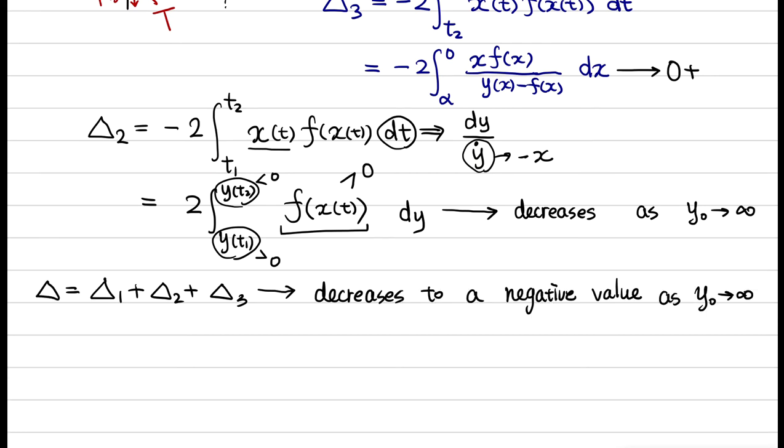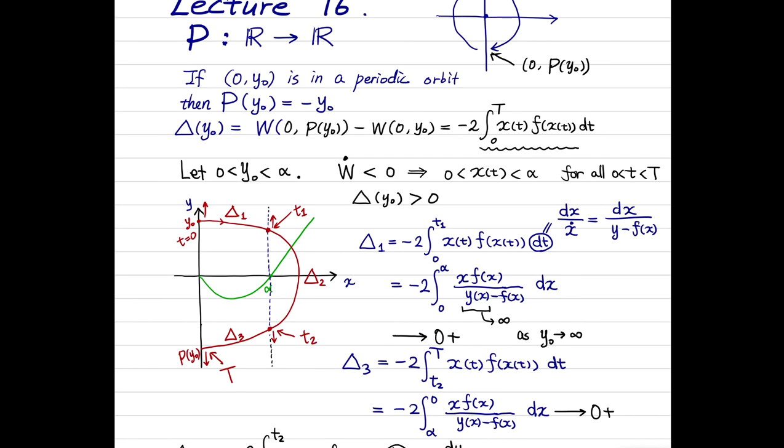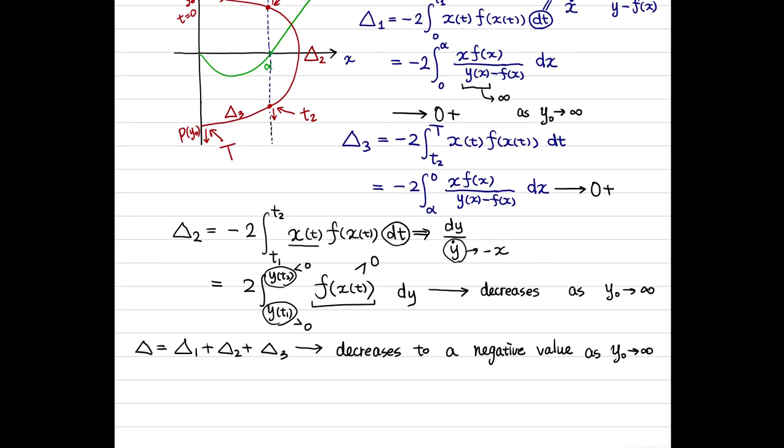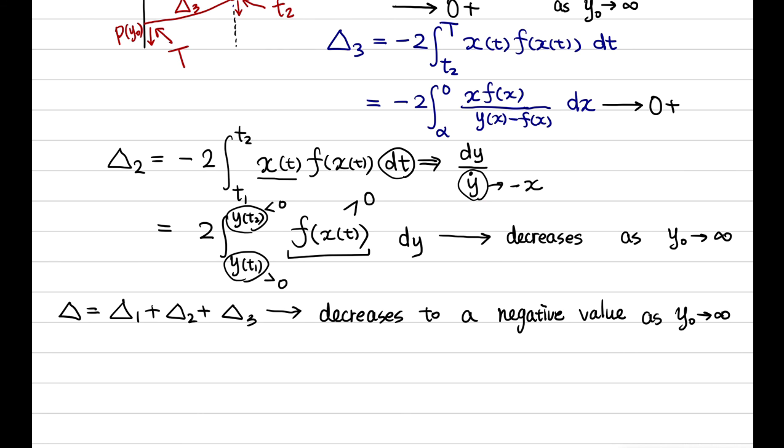Since we just showed that delta is monotonically decreasing to a negative value, while we also showed that delta is positive when y naught is less than alpha, combining the two, there must exist exactly one point where delta is 0.